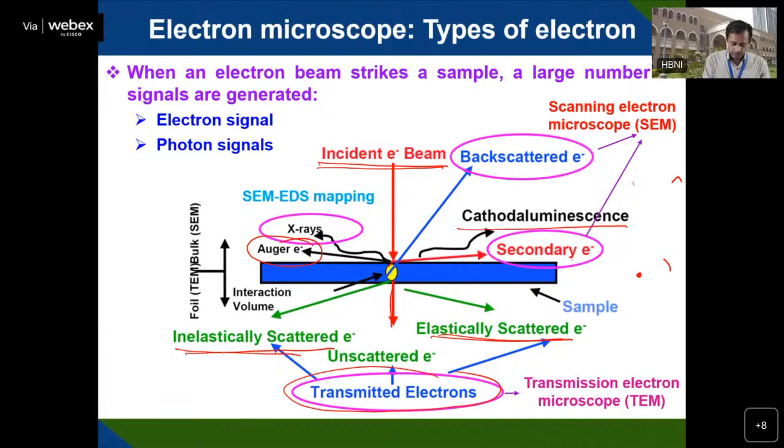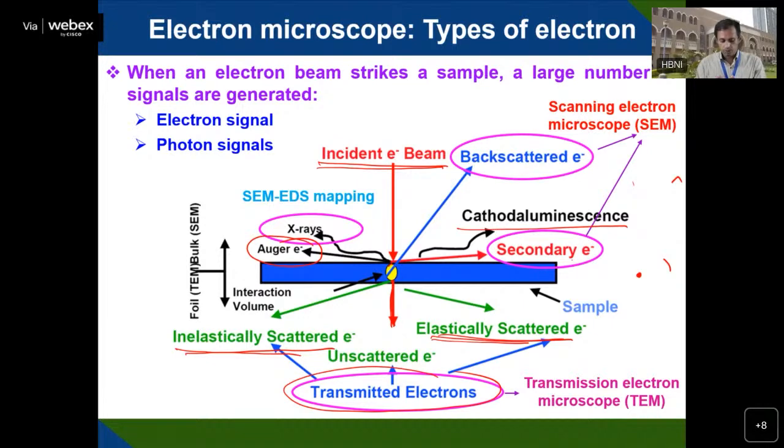And in the case of inelastic scattering, what about the energy loss here? That energy loss can be used to generate information through electron energy loss spectroscopy. That's part of TEM. From that you are able to get information about the bond structure, coordination number, and oxidation states from the analysis.